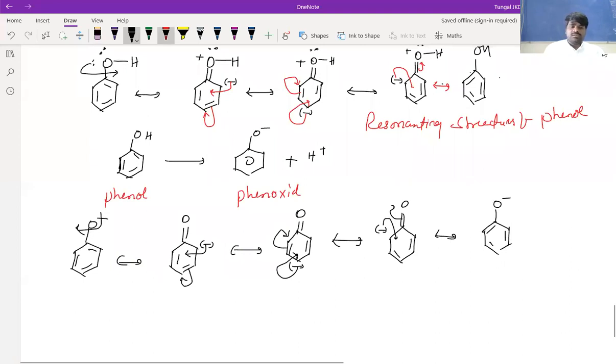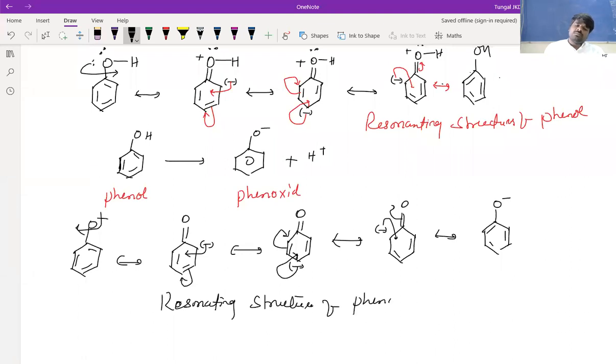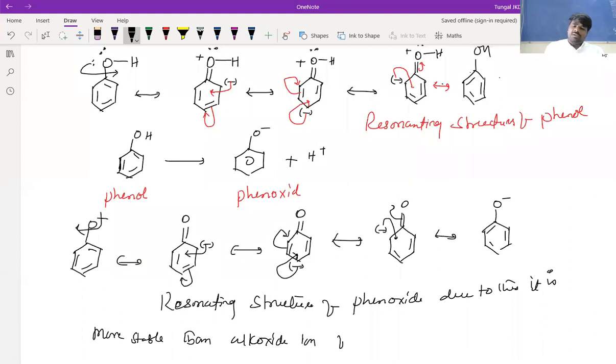See what are these? These are resonating structures of phenoxide. Due to this it is more stable, unlike the alkoxide ion of alcohol.